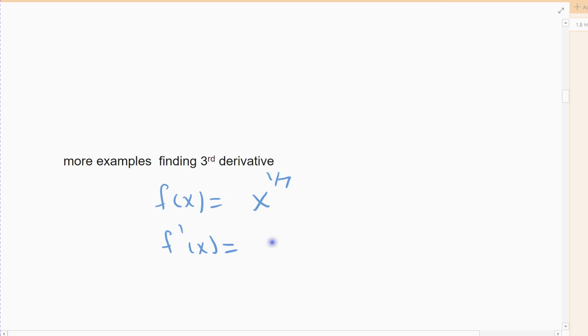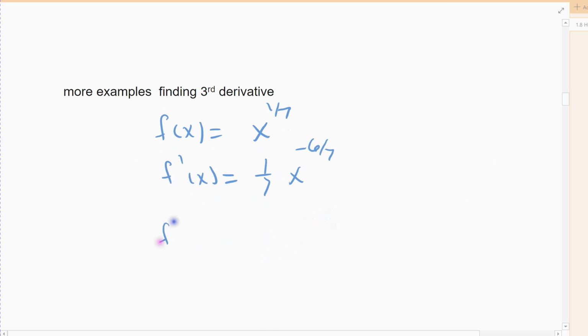The first derivative would be 1/7 x raised to the 1/7 minus 1, which would be negative 6/7. The second derivative would be, pull out my negative 6/7 times my 1/7, so it would be negative 6 over 7 times 7, which is 49, x raised to the negative 6/7 minus 1, which written exact is exactly negative 13/7.